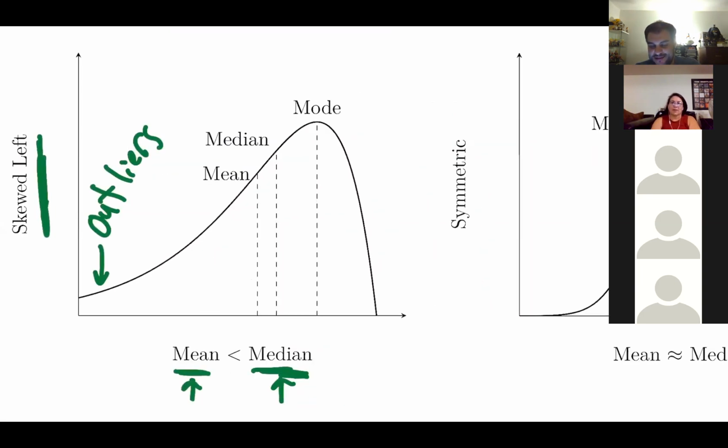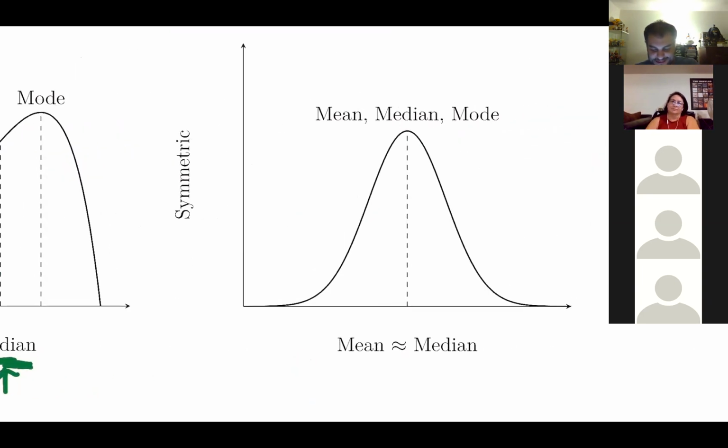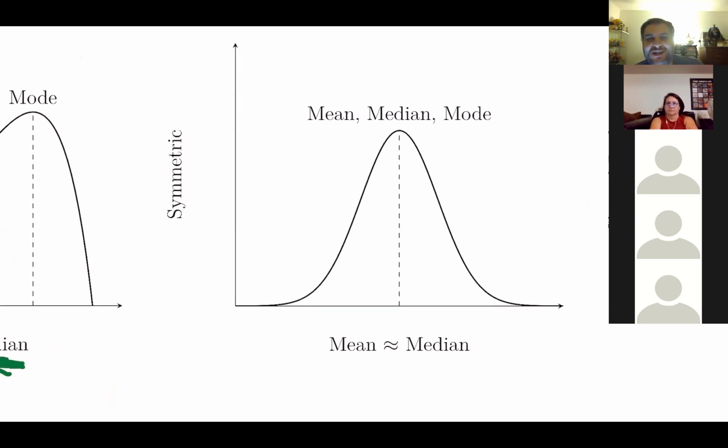Let's go to symmetric. All right, for a symmetric data set, if you look at it, you have the same amount of pull to the left as to the right. Since you have the same amount of pull from the left side and the right side, the mean and the median should be pretty close to each other. Like I said before, they're not always gonna be exactly the same number, but they should be pretty close.